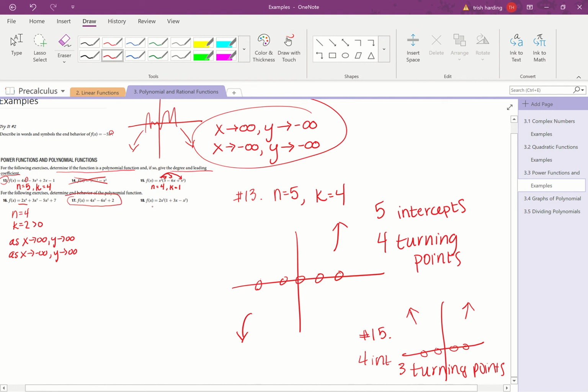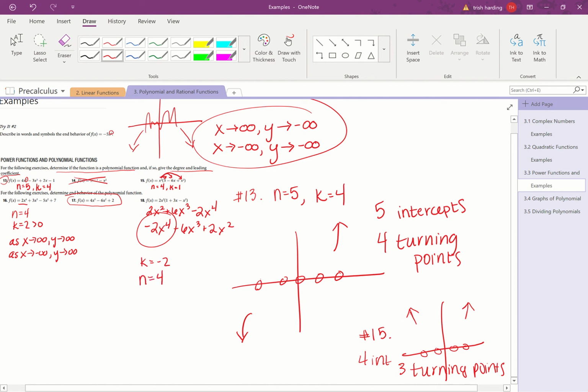Now here, when we multiply everything out, we're going to get 2x squared plus 6x cubed minus 2x to the 4th. Rearranging that, that's what we get. Now looking at the leading term, that leading coefficient is -2, so that's going to make it flip over the x-axis.